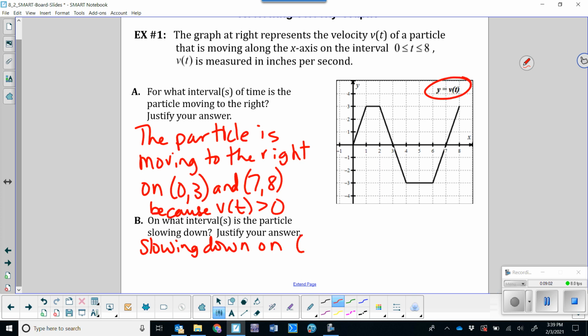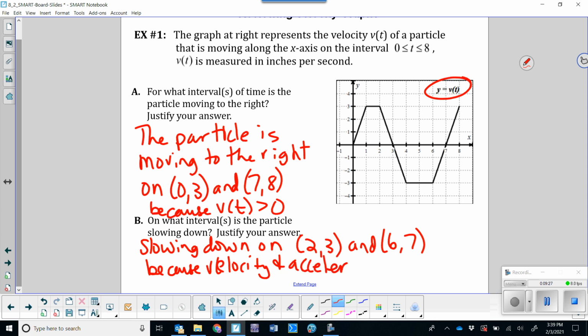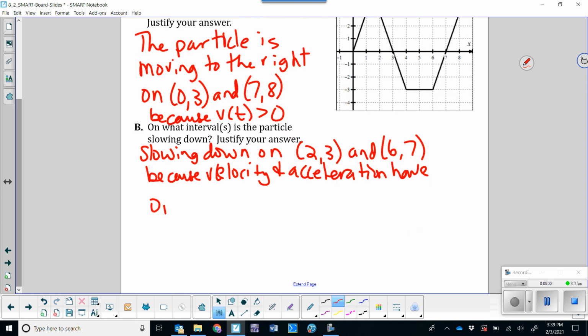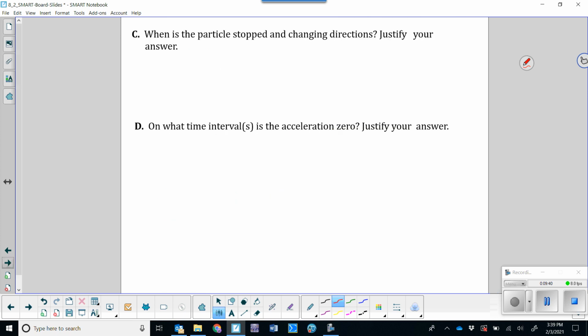Or if you are underneath, so your velocity is negative, but the slope of the line is positive, that would be 6 to 7. And our reason is because velocity and acceleration have opposite signs.